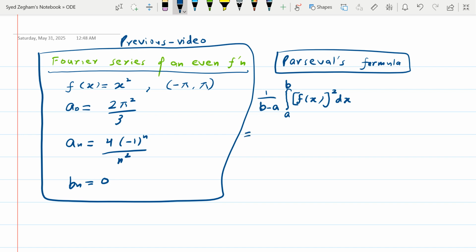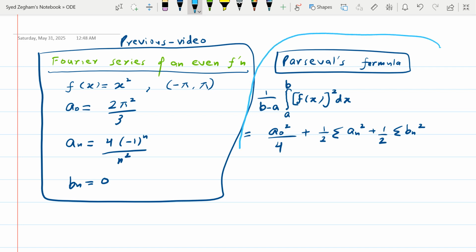This is equal to a naught square over 4 plus half summation of a n square plus half summation of b n square. This is our Parseval's formula, which we are going to focus on today.